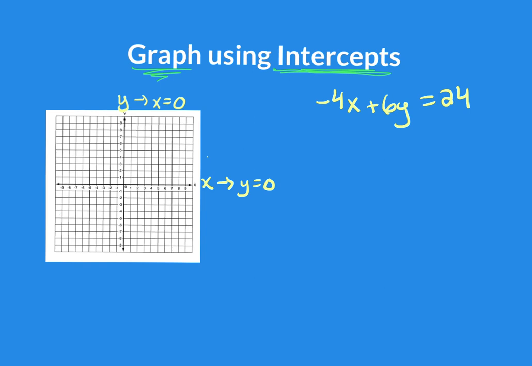Okay, so let's find the x-intercept first. x-intercept is when y is 0. So I'm going to rewrite that equation, -4x plus 6, but instead of y, I'm going to plug in 0.